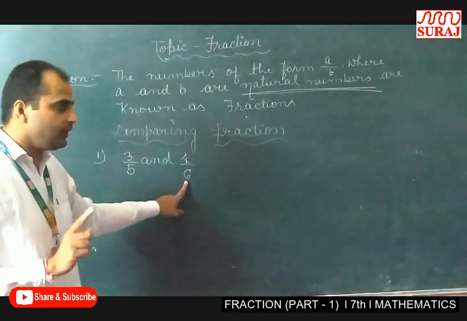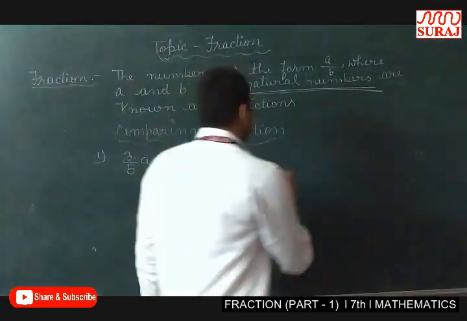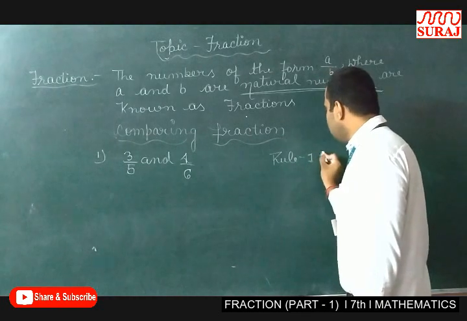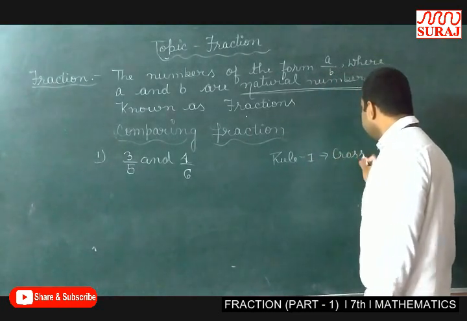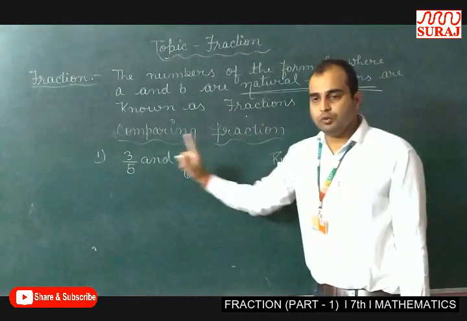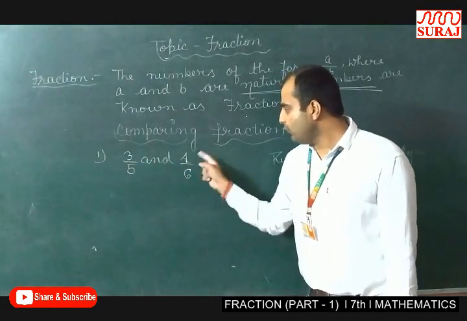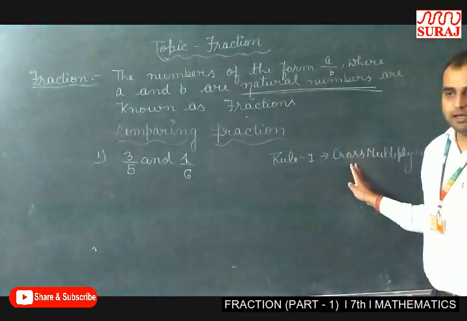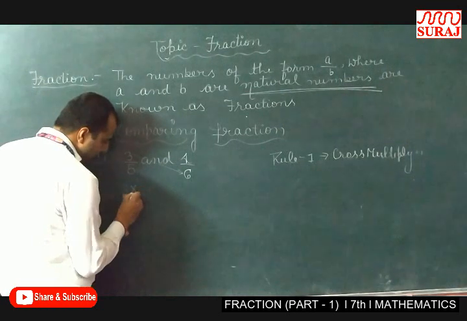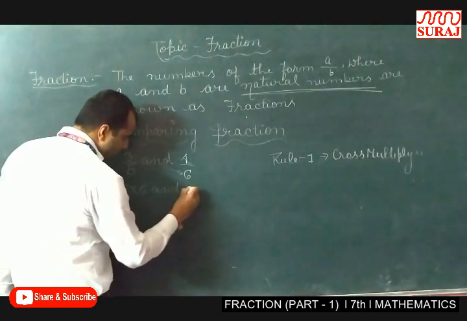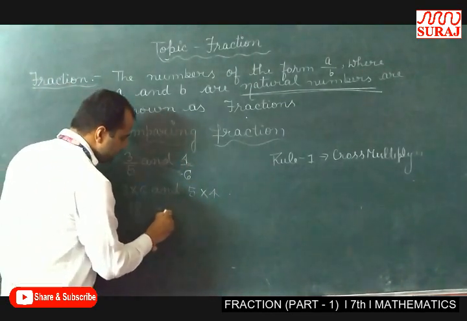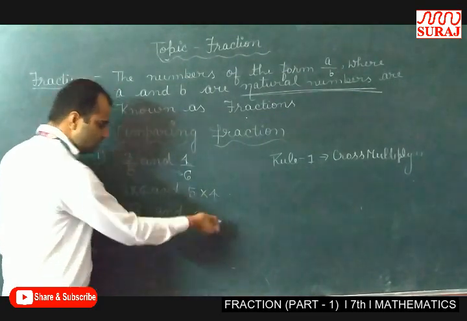Where we have two fractions, तो हम क्या करेंगे? रूल नंबर फर्स्ट लगाएंगे, which is cross multiply. अगर हमारे पास दो फ्रैक्शन हैं 3 अपॉन 5 एंड 4 अपॉन 6 तो हम क्या करेंगे? क्रॉस मल्टीप्लाई. तो लेट्स स्टार्ट. 3 multiplied by 6 and 5 multiplied by 4. 3 6 the 18 and 5 4 the 20.